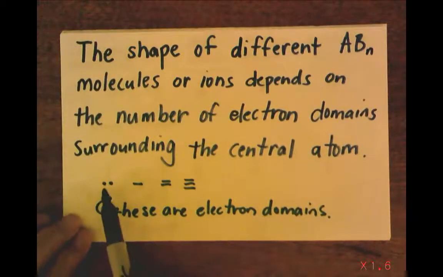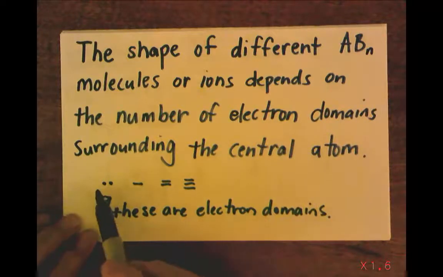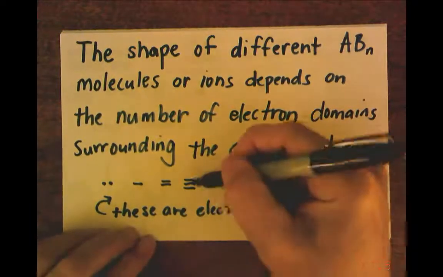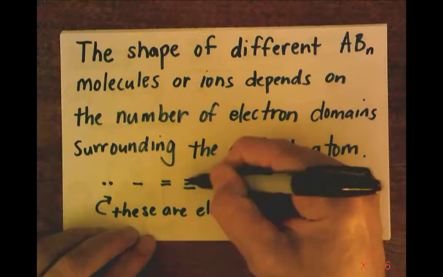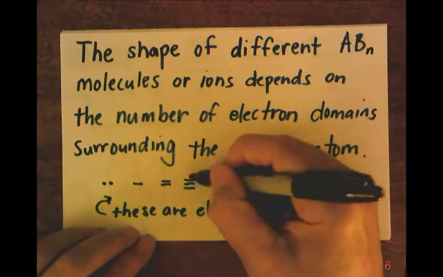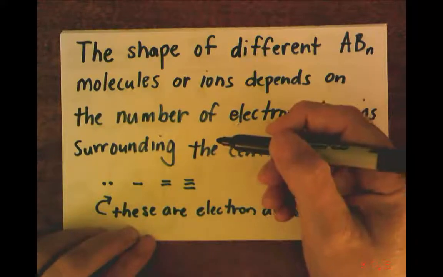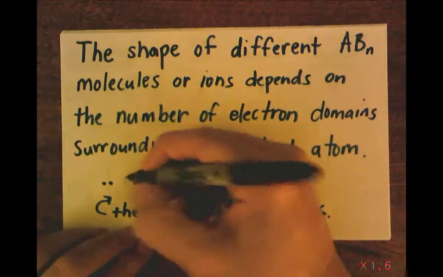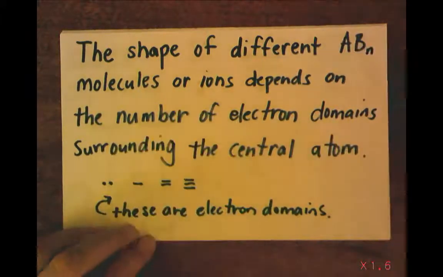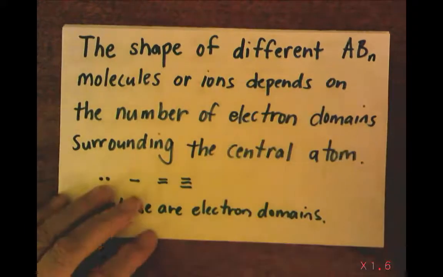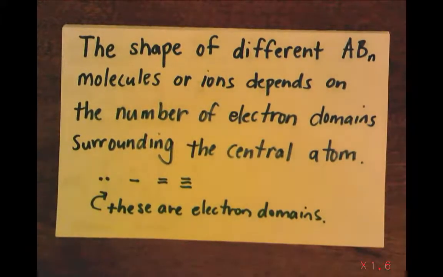So remember, electron domains are just areas around the central atom where you can find electrons. So it's just the whole chunk. Even though there's 3 sets of pairs here, it's still considered one domain. 2 sets of pairs, one domain. 1 set of pairs, one domain. Lone pairs, one domain. And so you count them all the way around the central atom.